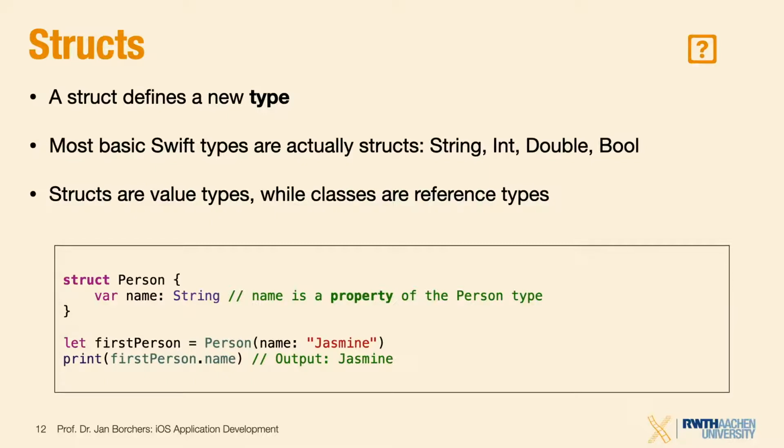So if you define a struct in Swift, what you're actually doing is you're introducing a new type, right? Just like Int, for example. And in fact, most of the basic Swift types that we've talked about here, String, but also even Int or Double, Float exists too, by the way, or Bool, are actually structs. So they are struct types.